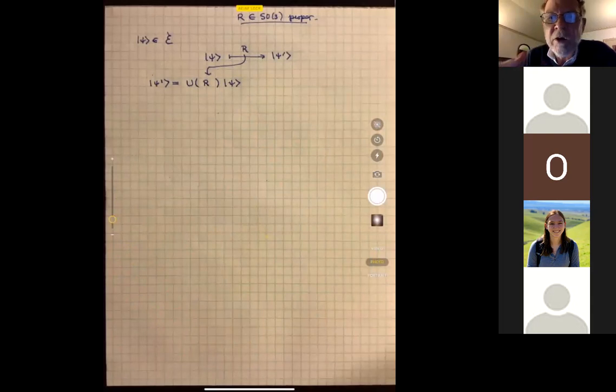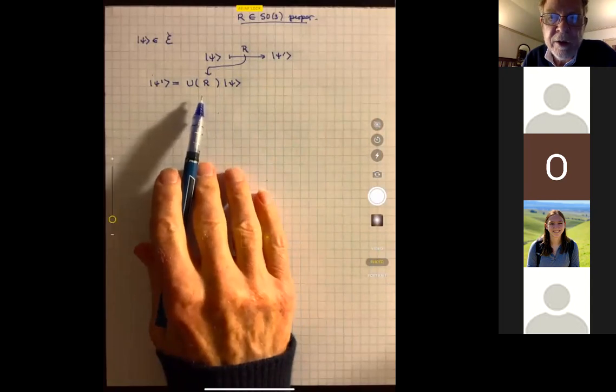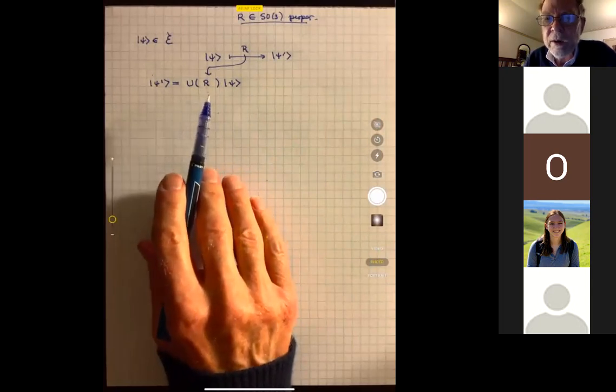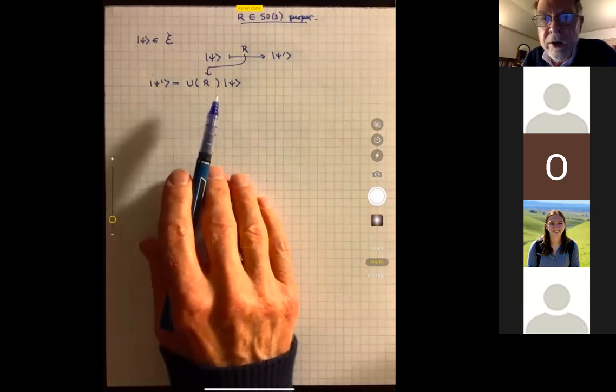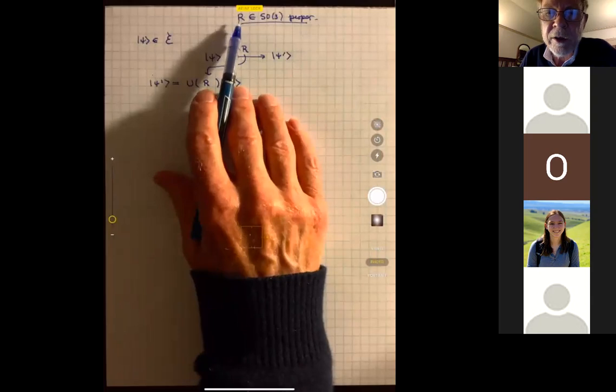Now, you can well imagine that the answer to this question, what are the rotation operators U of R, depends on the system. It makes a difference whether it's a spin system, or a system of a single spinless particle in 3D, or a multi-particle system, or whether it's relativistic or not, and so on. That's all certainly true. Nevertheless, there are certain universal properties of these rotation operators that apply to all systems, because they derive ultimately from merely the properties of rotations in three-dimensional space and nothing else.